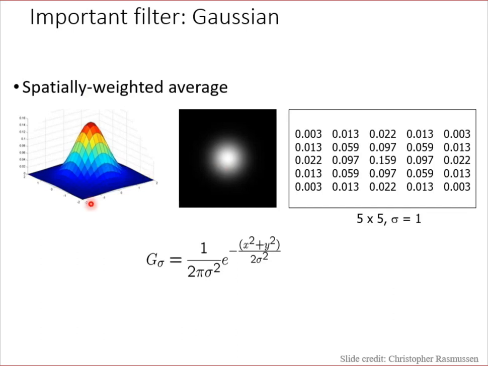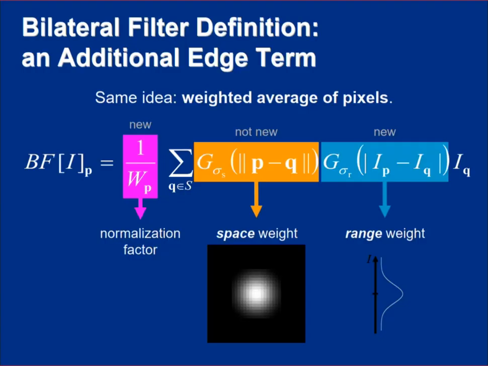When the value is large, the Gaussian distribution value will become very small. When the distance is very short, the weight is very large. So if the difference is very small, then the weight is very large.